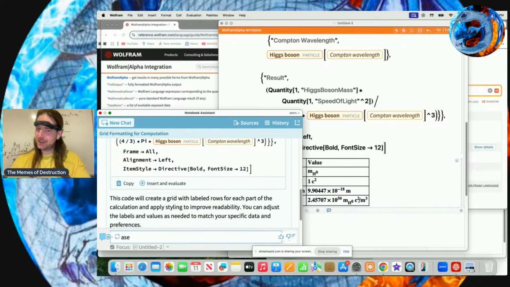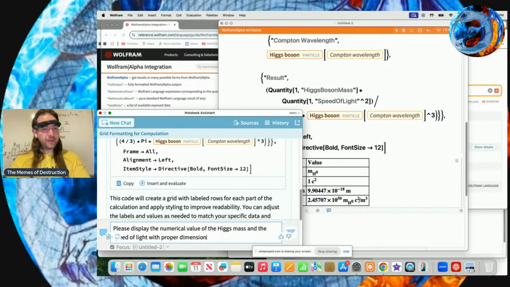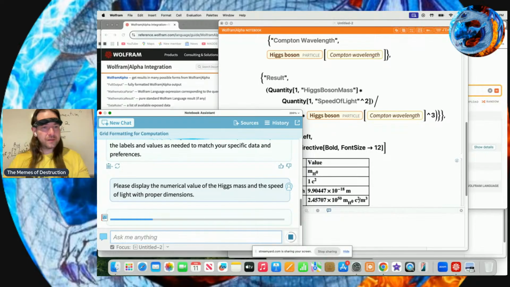Please display the numerical value of the Higgs mass and the speed of light with proper dimensions. There we go.